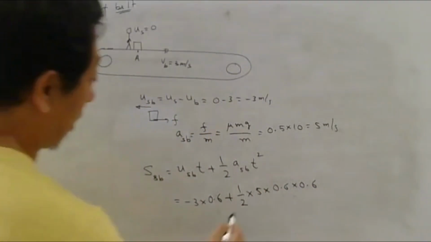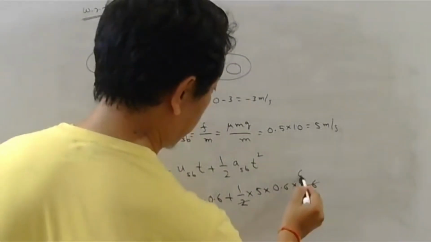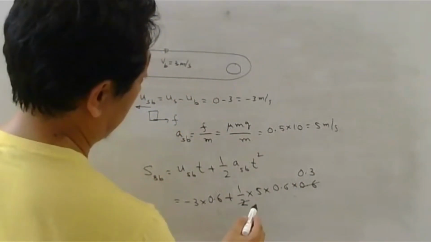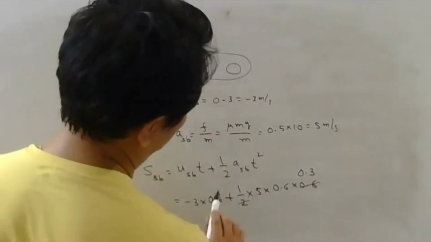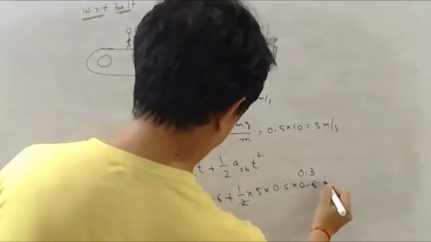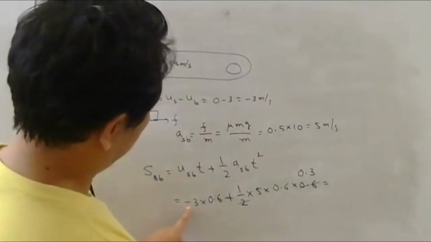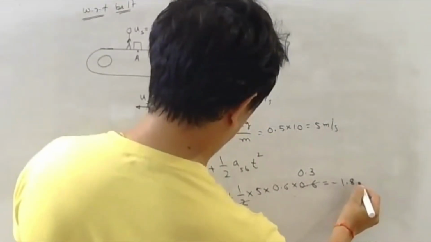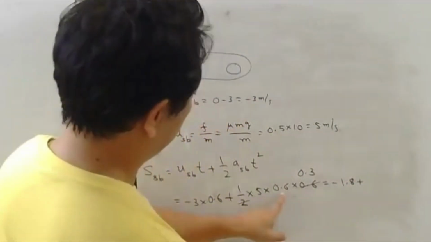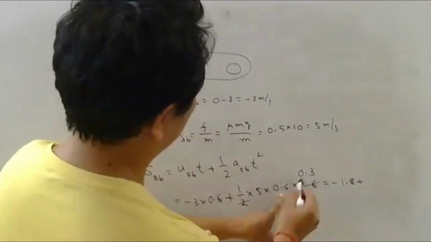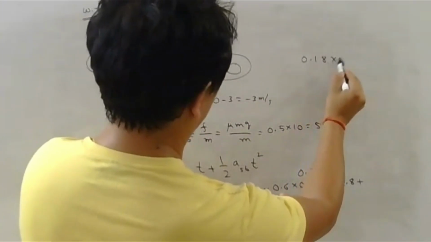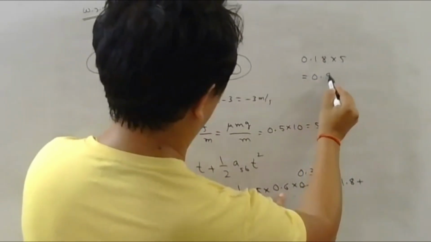So this will be what now, students? 0.3. Acceleration was 5, how much will this come? Minus 3 into 0.6 is minus 1.8, plus this is 0.6 into 0.3, 0.18 into 5, 0.9.